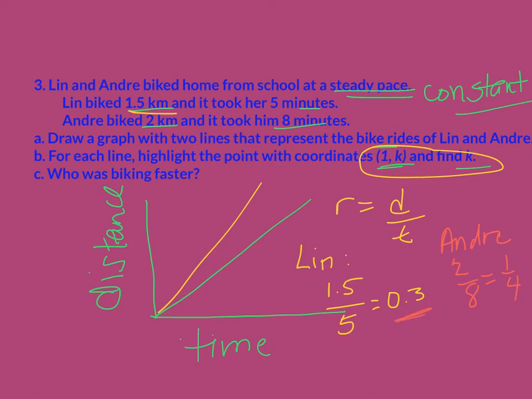And because this is in a decimal form, it's easier to compare them in decimal forms. You should know that 1/4, similar to a quarter of a dollar, is 0.25. So just here, in looking at these, I should be able to tell who's going faster. And it is Lynn going faster.